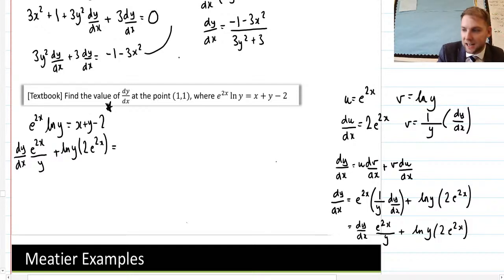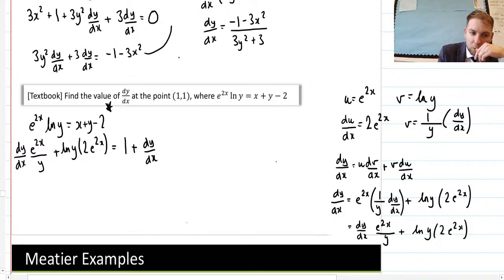So that left-hand side I've already differentiated. If I differentiate the right-hand side, I'm going to end up with, well, differentiate x is going to be 1. Differentiate y is dy by dx. Differentiate minus 2, well, that's just a line across, down at minus 2, so that's going to be equal to 0. Brilliant.